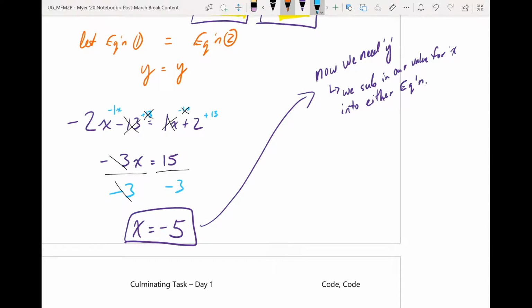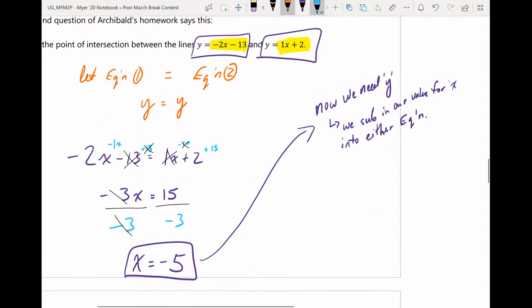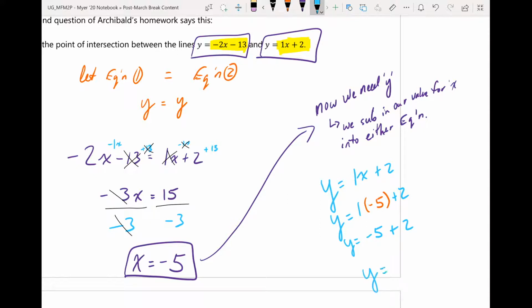All right, so I'll pick either equation. I'll pick the second one, y equals 1x plus 2. Or y equals 1 times negative 5 plus 2. Exactly. So that's the end result there, right? So it's negative 5, that's right there. And then plus 2. So y equals negative 5 plus 2. So y equals negative 3. Very good. And that's it.